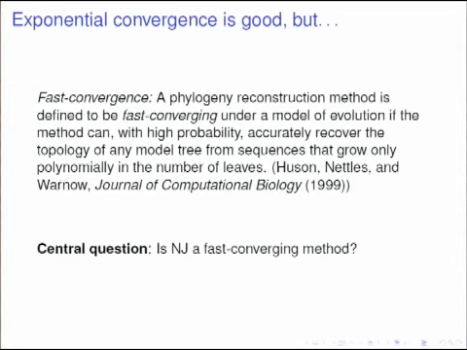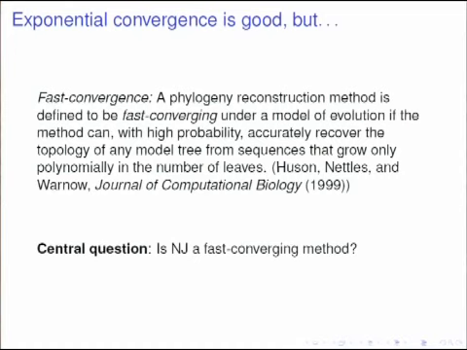It's nice to know that you have some convergence rate, but as has been pointed out, it would be better not to have to worry about exponential convergence. The definition of fast convergence is as follows. We would need accurate reconstruction with high probability from sequences that are only polynomial in the number of leaves that we consider. All right.